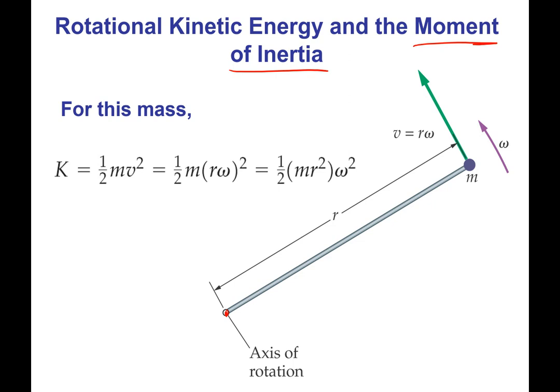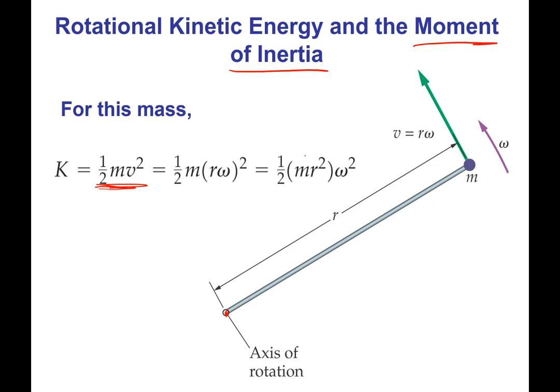It is moving, so it does have a tangential or linear velocity, so we have your kinetic energy for the linear. To figure out exactly for rotation, you can substitute your tangential velocity for your rotational velocity.